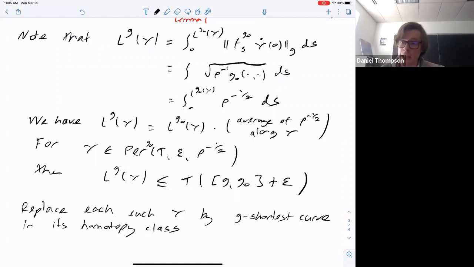Now we change our glasses, we're looking at it from the point of view of G. Now it's just a closed curve. It's no longer a closed geodesic, but it's in a homotopy class. That is, it has the path it takes through the topology, but we can pull it tight. The shortest curve in that homotopy class, as far as G is concerned, is a closed geodesic. So we take gamma, which at this moment is a closed curve, but not a geodesic for G, and pull it tight. That's going to give us a closed geodesic for G, and shorter than gamma.